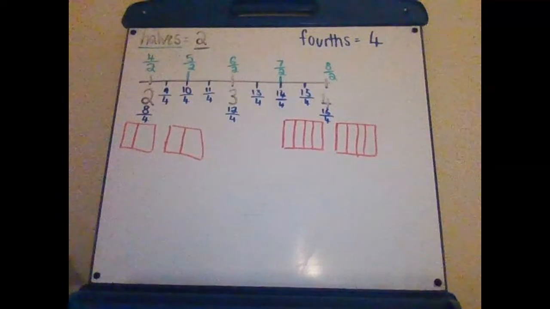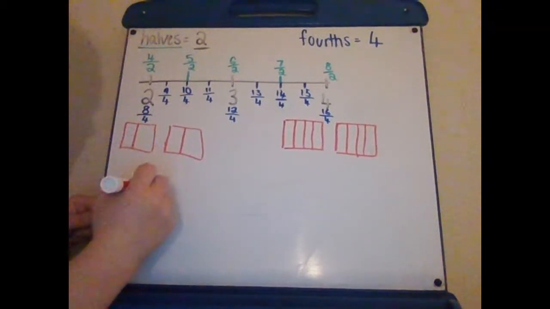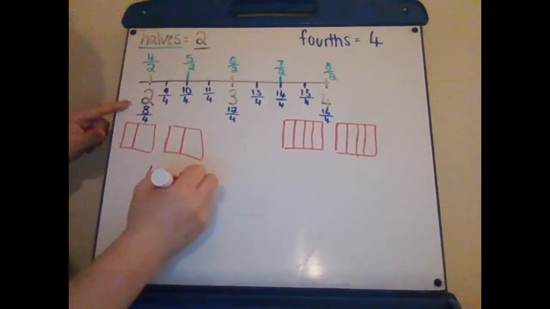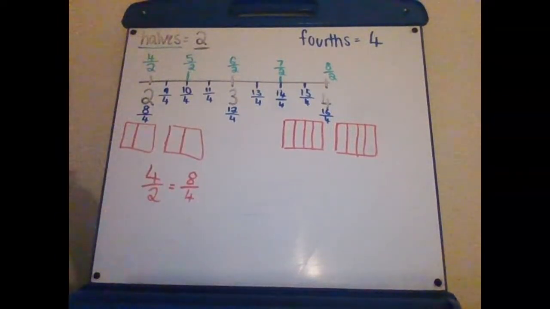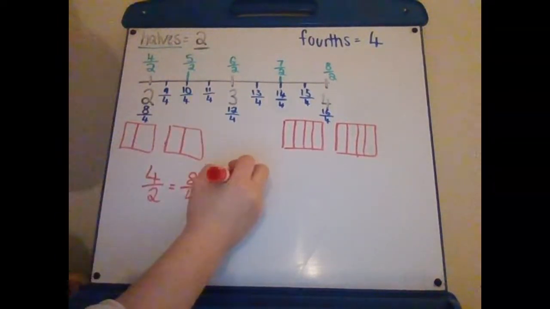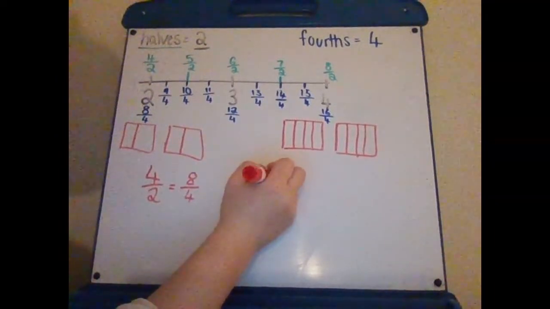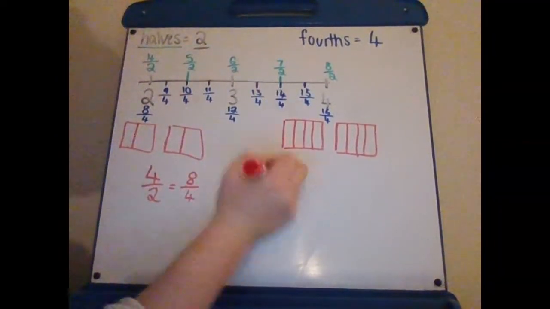So let's have a look at all our equivalent fractions on this number line. I can say that 4 halves is equivalent to 8 fourths. I can also say 5 halves is equivalent to 10 fourths.